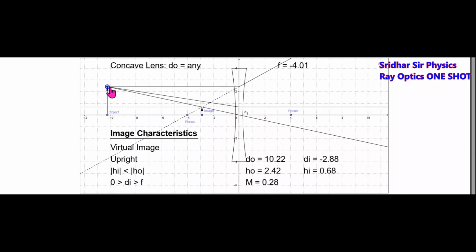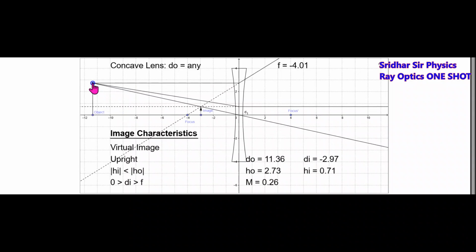Now this object, the object is far away. The image will be between focus and the pole, virtual, erect, and diminished.